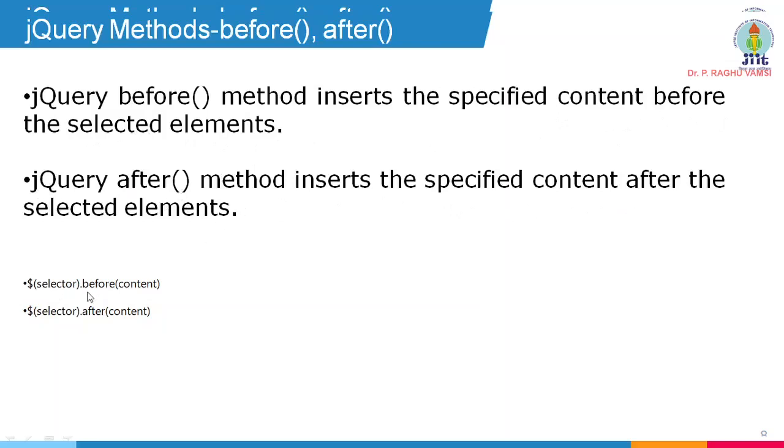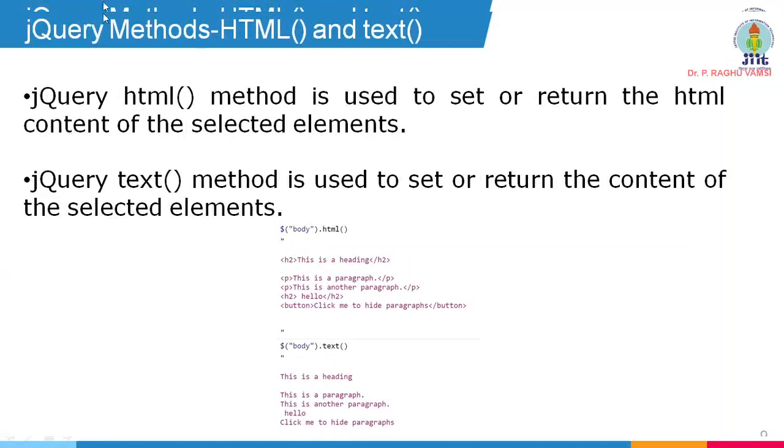So selector dot before of content, selector dot after of content. Here is a simple example: the jQuery html method. Along with before and after, there are some other methods like html and text. The jQuery html method is used to set or return the HTML content of the selected items, whereas text means you get the content in text form.